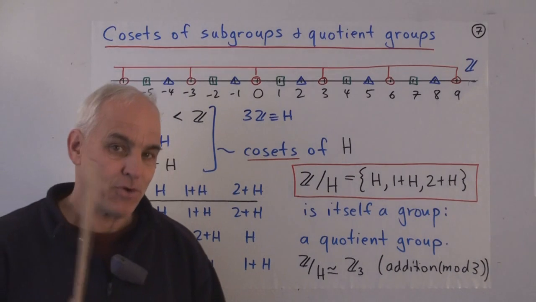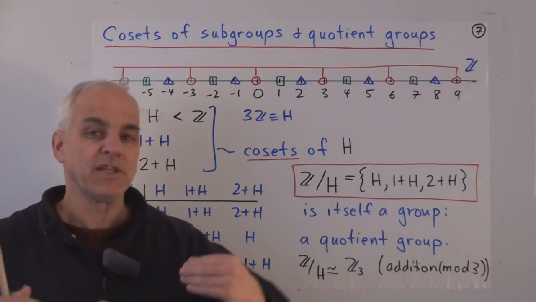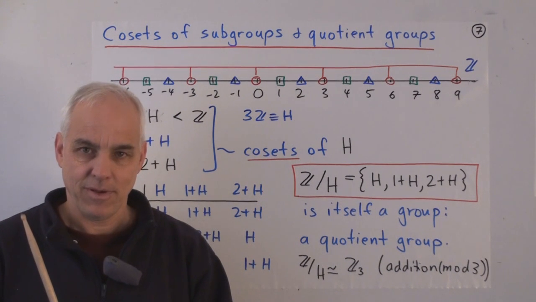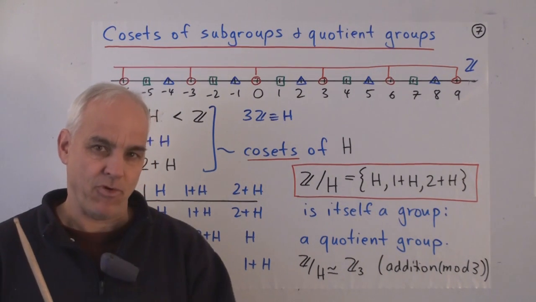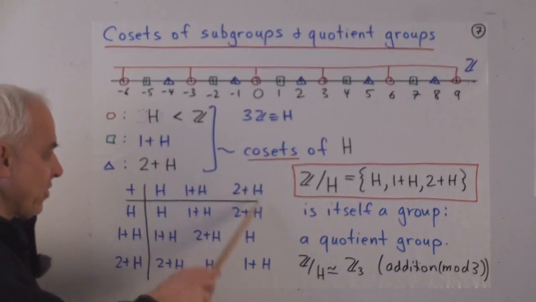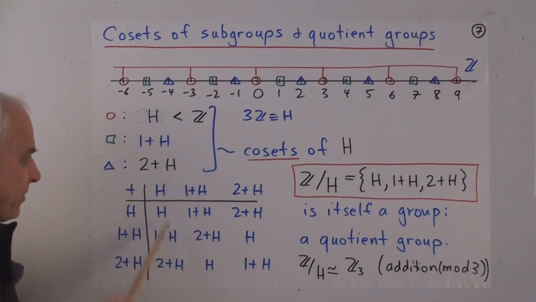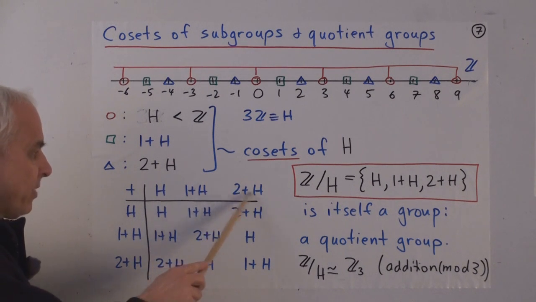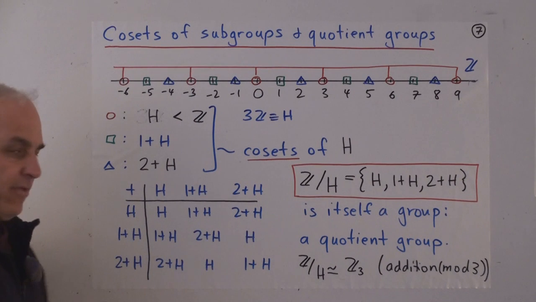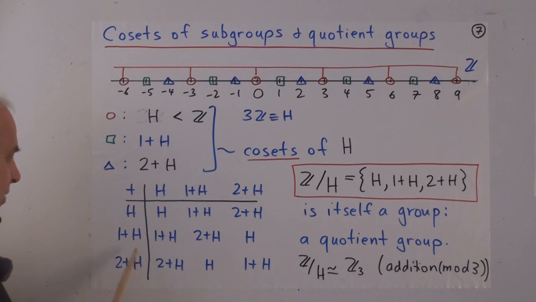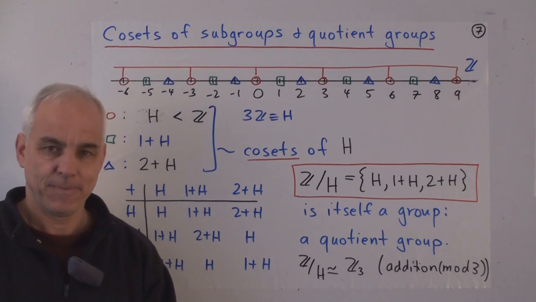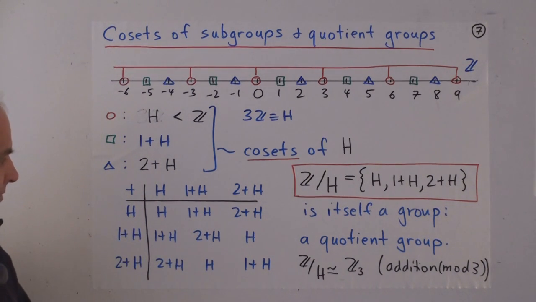Now, what makes these cosets interesting is that the cosets themselves have an algebraic structure, because H is a subgroup. So here's the algebraic structure of these 3 cosets: H, 1 plus H, 2 plus H. I'm adding them. I'm claiming that 1 plus H plus 1 plus H is actually 2 plus H. What does that mean?